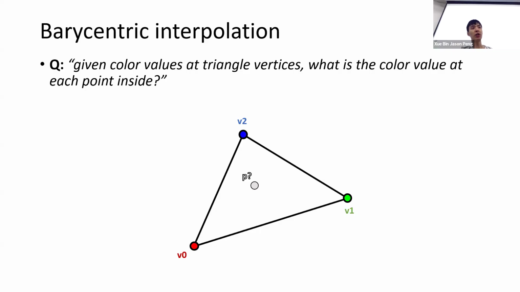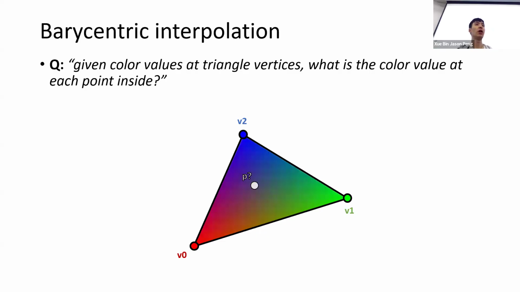Then we should expect that a point inside the triangle would be given a color that's some combination of all the colors at the vertices of that triangle. So maybe we will expect the triangle to look something like this. How do we get this kind of blending of the colors at the different vertices of a triangle?